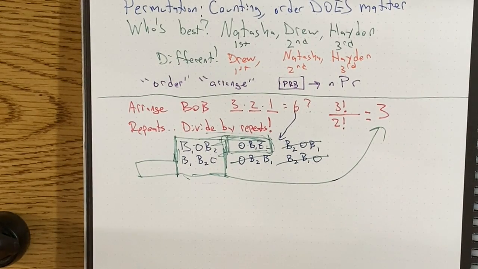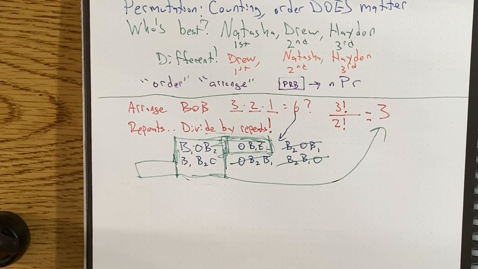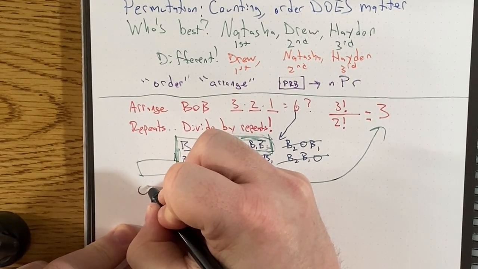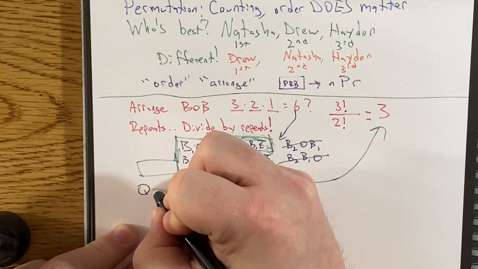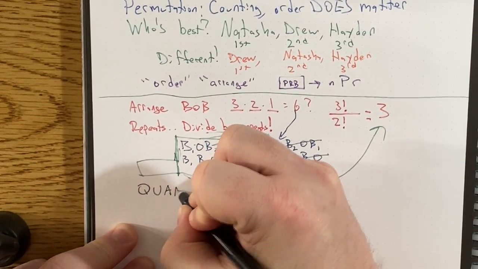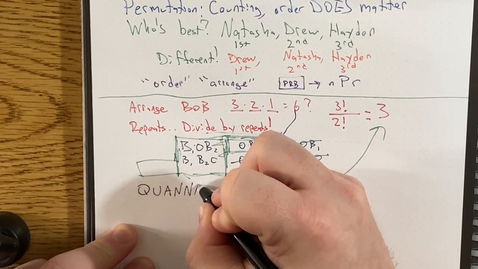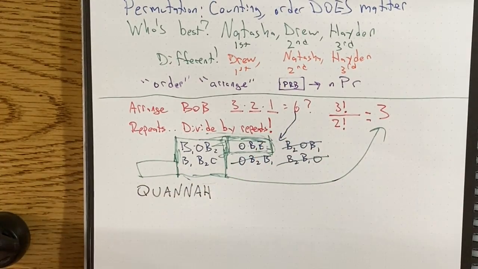Three. So let me give you a different word. Geometry. Let's say we took the word quanta.